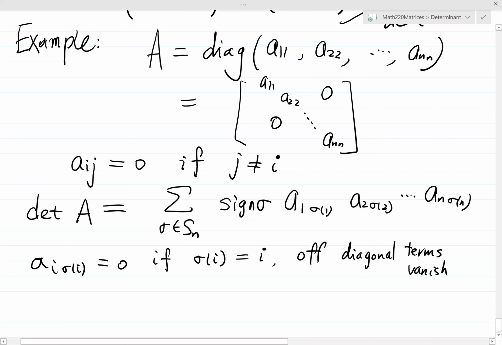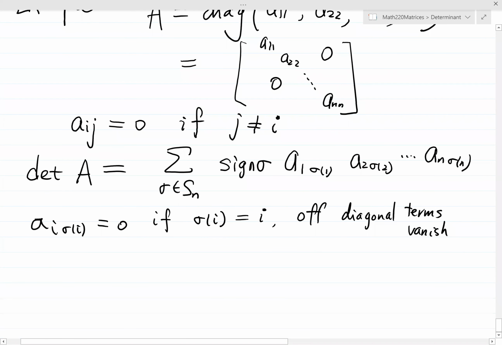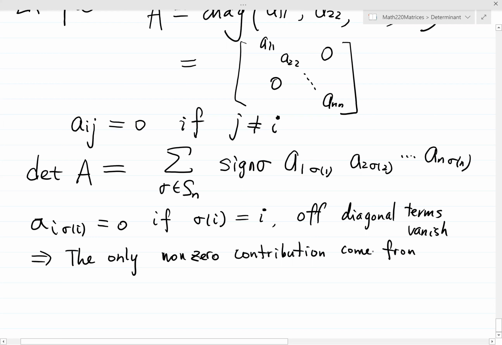So to make sure we have a non-zero contribution, we need sigma i to equal i. The only non-zero contribution comes from the terms where sigma i equals i. What does it mean?